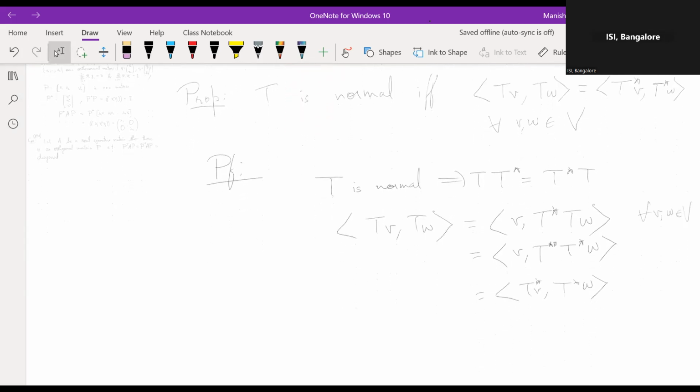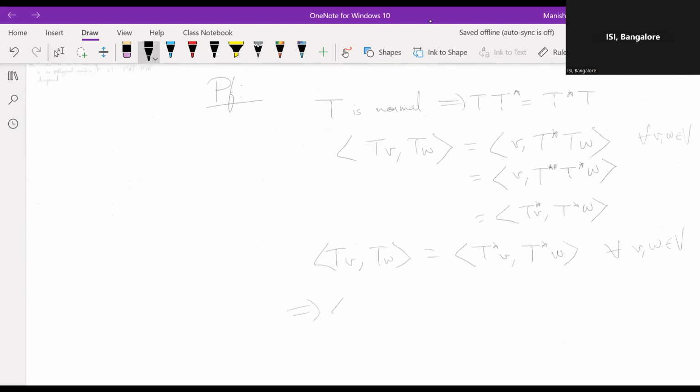So suppose the inner product of TV and TW equals the inner product of T star V and T star W for all V, W in V. This implies V, T star TW, and this you move to the other side.